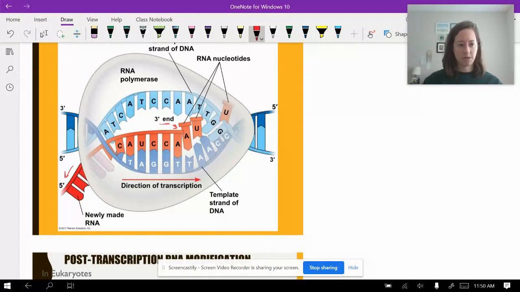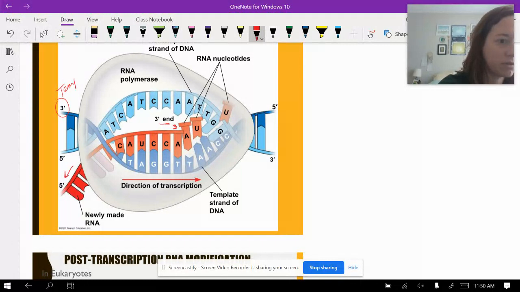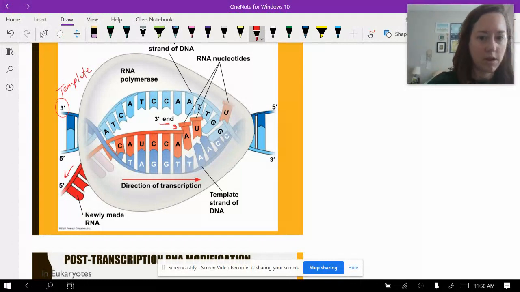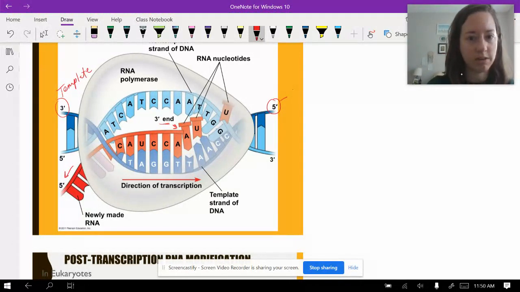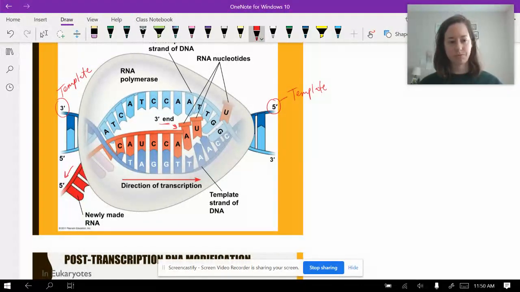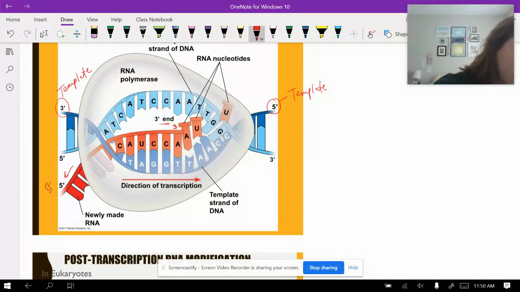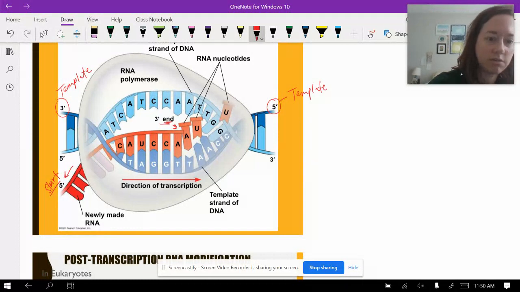So down on the bottom, this was your template strand, the dark blue. And here's your template strand again. So this over here is the start of the mRNA, and then this is the end.